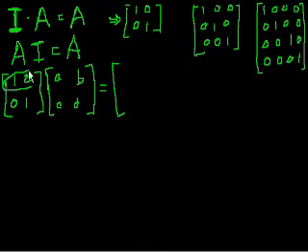We multiply this row times this column: 1 times A plus 0 times C is A. Then that row times this column: 1 times B plus 0 times D, that's B. Then this row times this column: 0 times A plus 1 times C is C. And finally this row times this column: 0 times B plus 1 times D, that's just D.